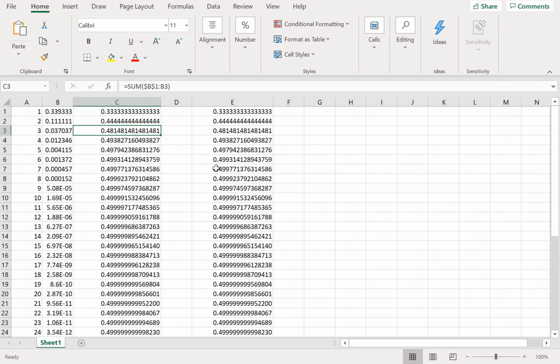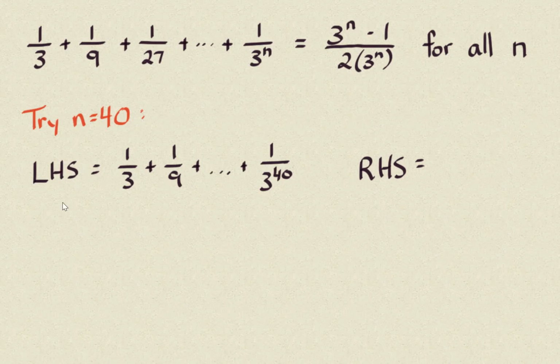Now this column over here, this is the right-hand side formula. And for this particular trial, I'm interested in n equals 40. So when I substitute in 40, I have this expression, 3 to the power of 40 minus 1 over 2 lots of 3 to the 40.